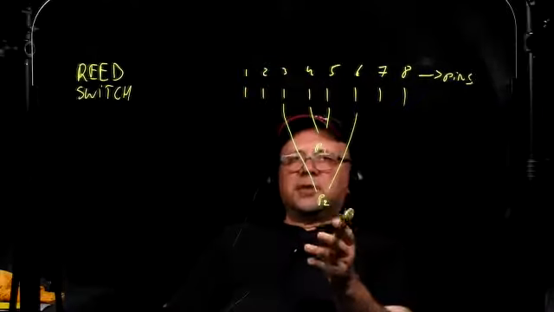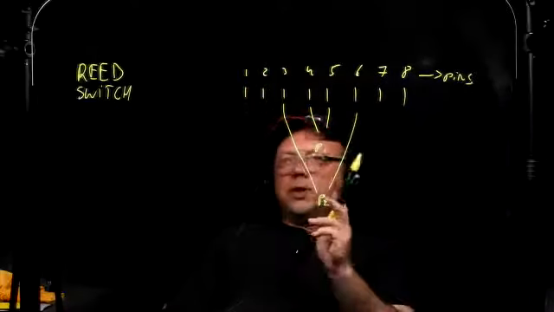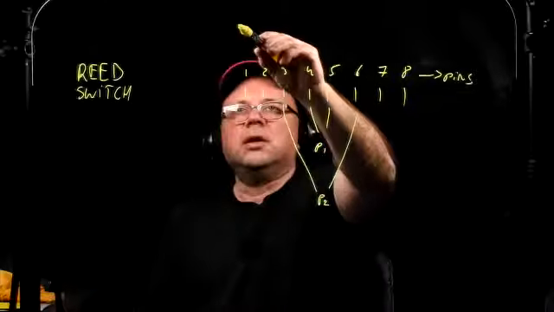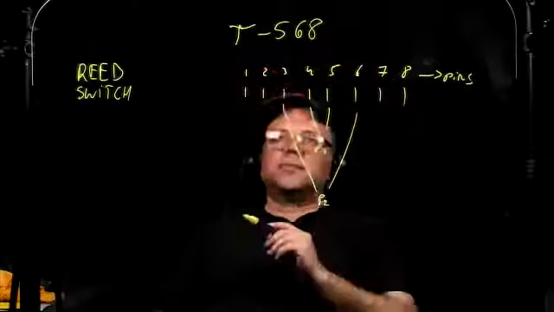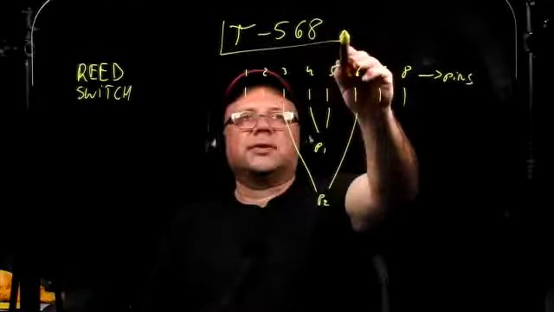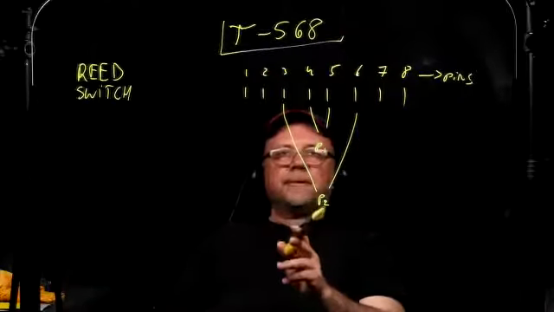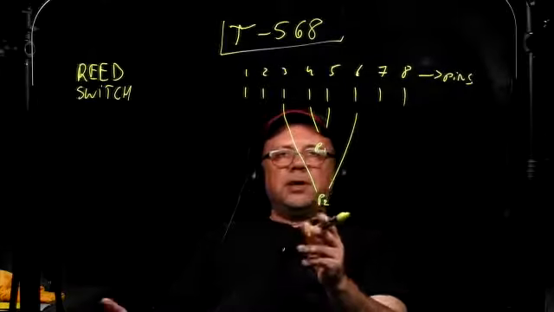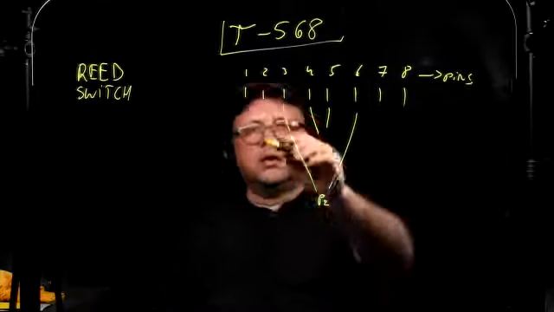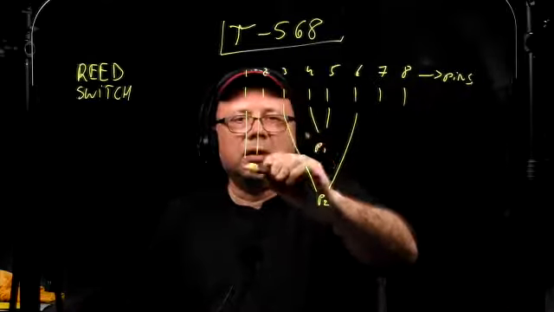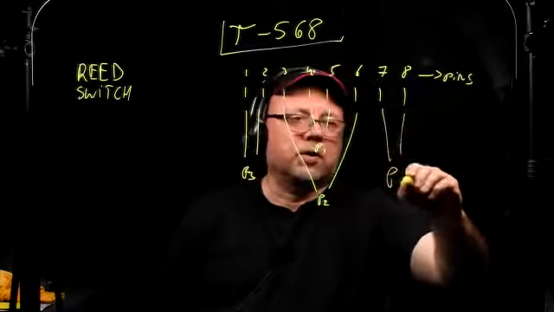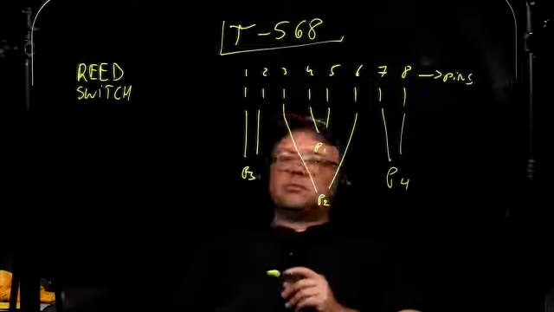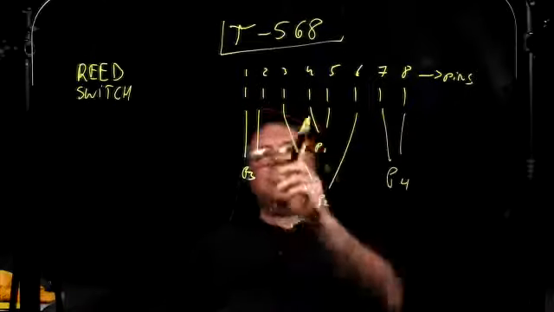And that's as far as the similarity goes between POTS and the T568 configuration, Ethernet. Then we have pair 3 and pair 4. So here's pair 3. And here is pair 4. That's how we count the pairs in the T568.